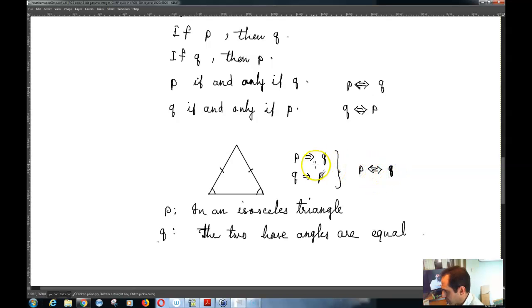And so you can call this "only if," and this "if," and this is "if and only if," right? So that means that if P is true, then Q is going to be true.